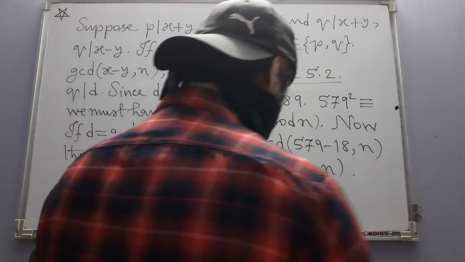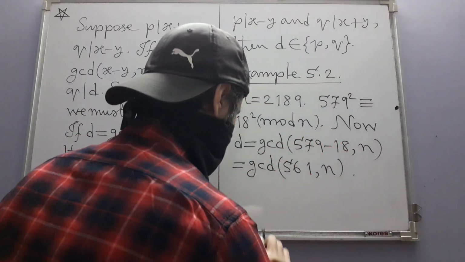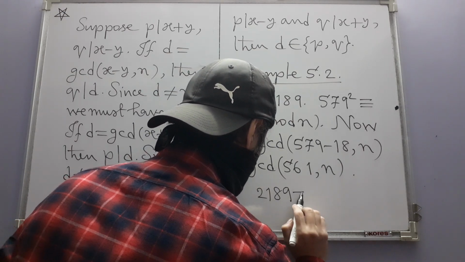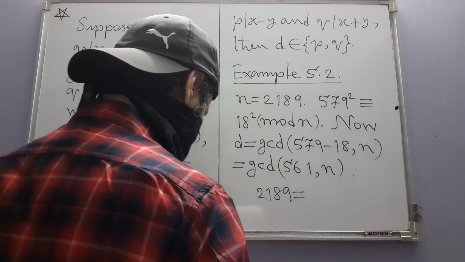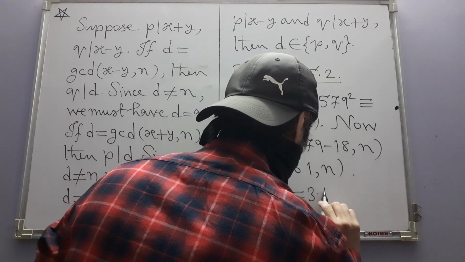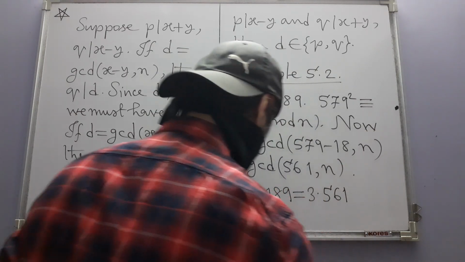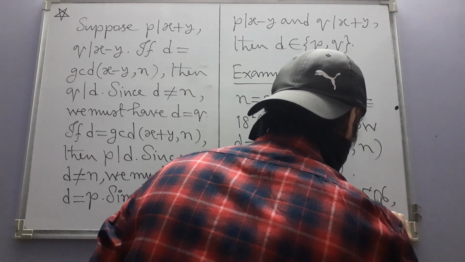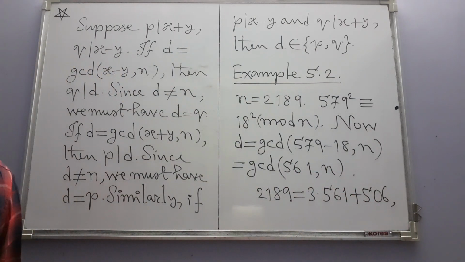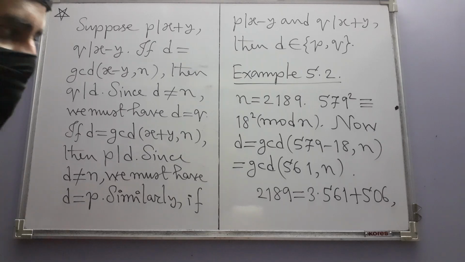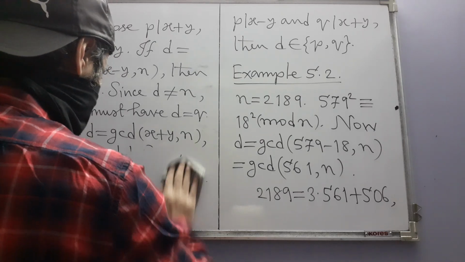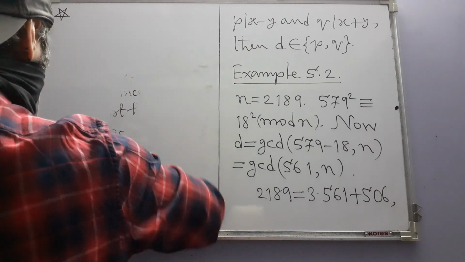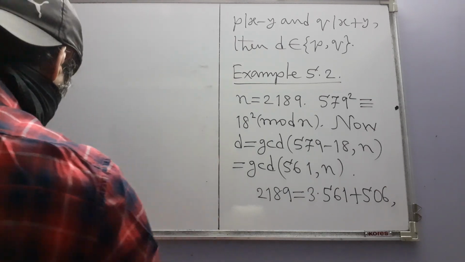So if you go through the calculation, the equations are going to look like this. 2189 is equal to 3 times 561 plus 506. So the first remainder is 506. And in the next step, you are going to divide 561 by 506.